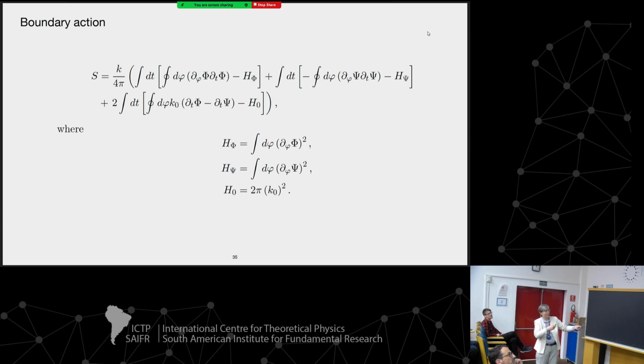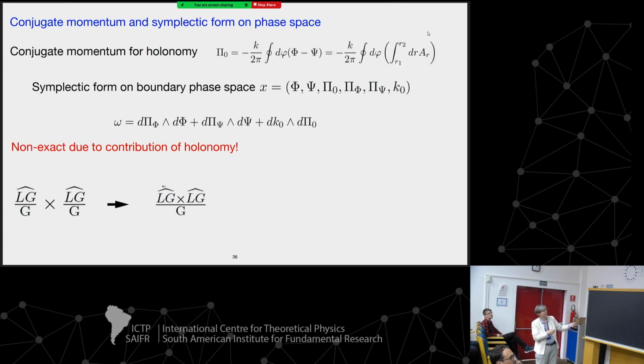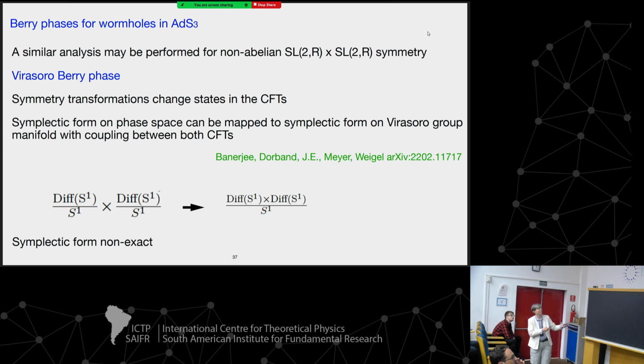Here this is done for this U(1) toy example, but now you can also do this for the Virasoro Berry phases that I just introduced. Again, because of this holonomy, you get this non-factored structure of your Hilbert space. Again, you have one Virasoro on the one hand side and one Virasoro on the other side, but because there's this coupling to the holonomy, this factored structure is exchanged for a non-factored one.